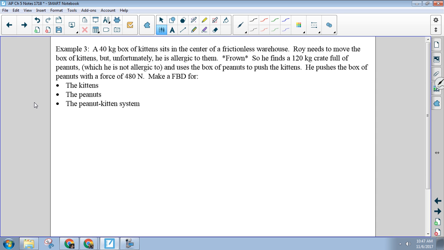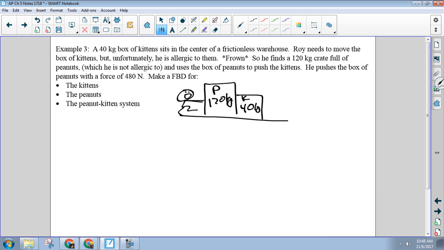All right, so if you want to process it, here's what's going on. Here's the peanuts, 120 kilograms. Here's the kittens, 40 kilograms. Here's Roy. So there's your drawing of what's going on. All right?